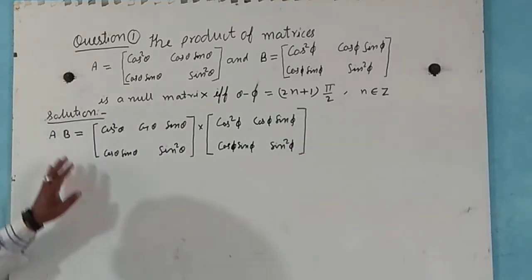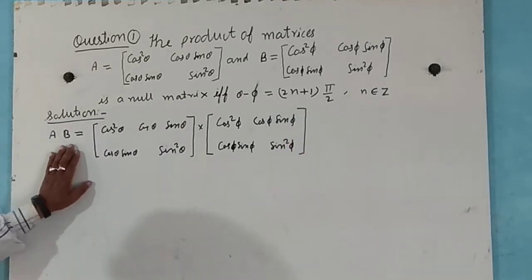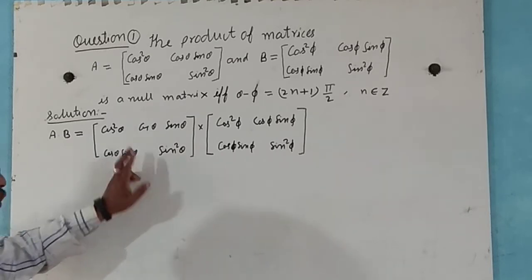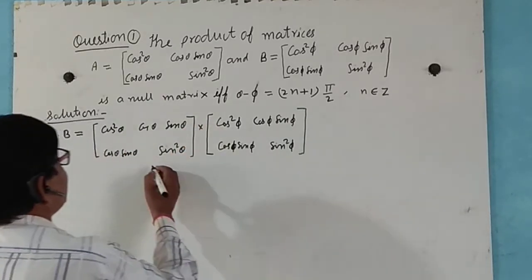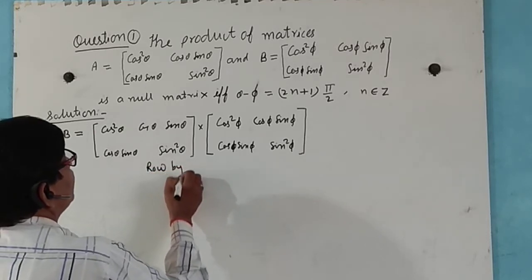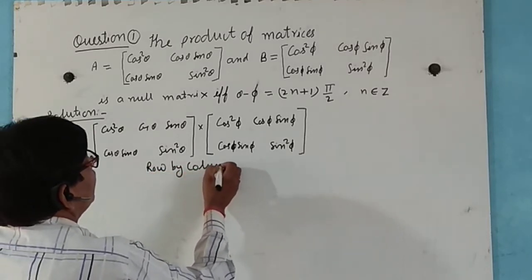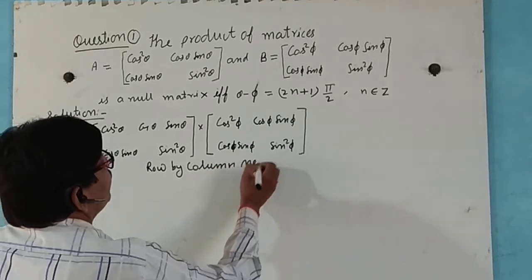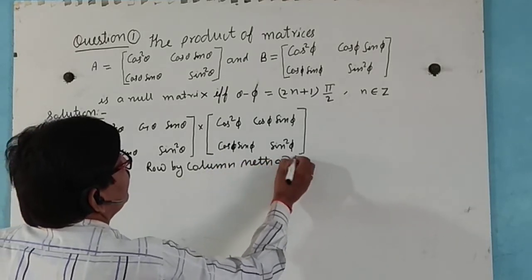Now first of all, calculate the product of A and B using the row by column method.